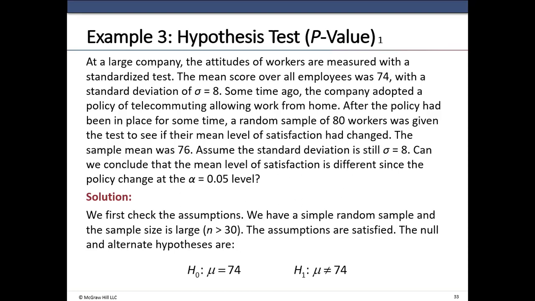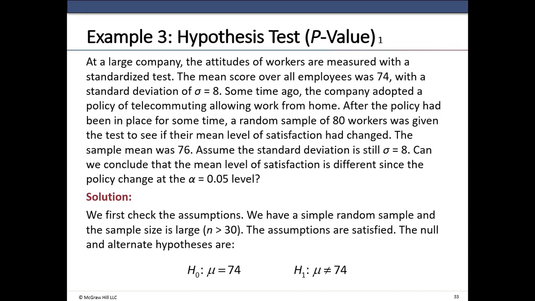Mu0, the hypothesized population mean, is 74, sigma is 8, x bar, the sample mean, is 76 given in the problem. Sample size n is 80 and the alternate is not equal to. So this time, bring the cursor on not equal to mu0, which is the first option in the fifth line, and hit enter.